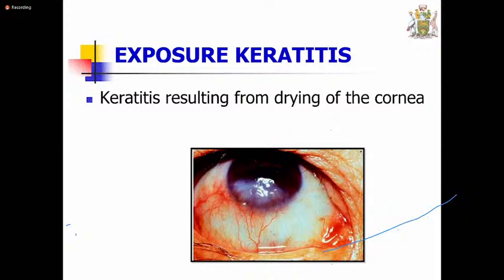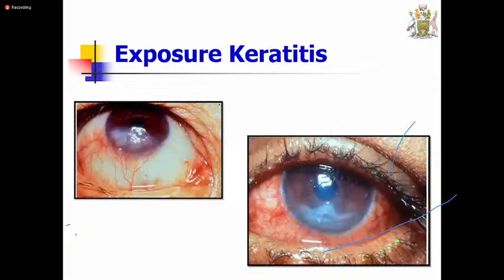Then the surface of the eye becomes vulnerable to infections, and you end up getting scarring at the end of it all. So this is a patient who has exposure keratitis. This looks like it's active. Then this is when it's starting to scar.